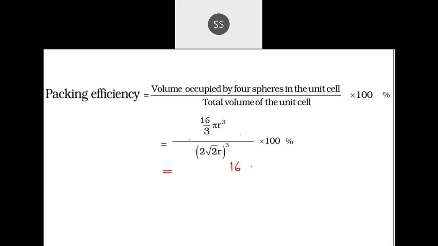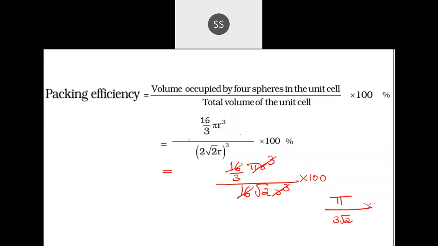It will be 16 pi r cube by 3, divided by 16 root 2 r cube, into 100. Now here r cube and r cube you can cancel. 16 and 16 you can cancel, correct? So what will be remaining? You will be remaining with pi divided by 3 into root 2, into 100.